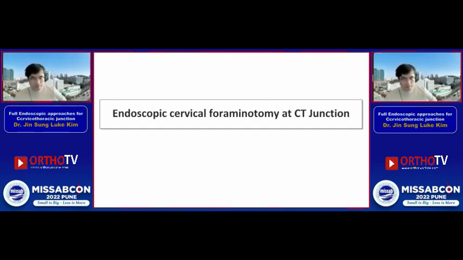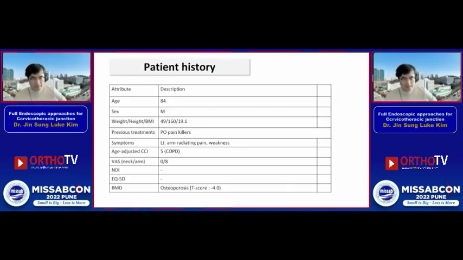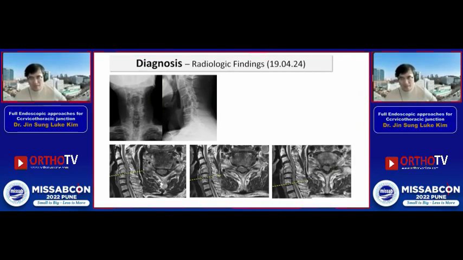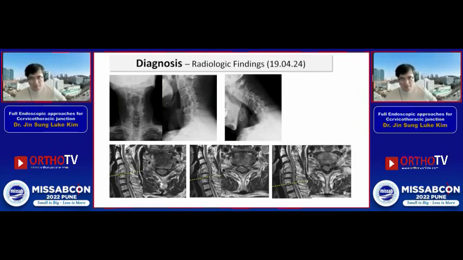So let's move to another case. A very old male patient, 84 years old, with intractable arm pain. Actually, I had done MIS posterior decompression at multiple levels, from C4-5, C5-6, C6-7, not C7-T1, because the patient had an underlying kyphotic posture.